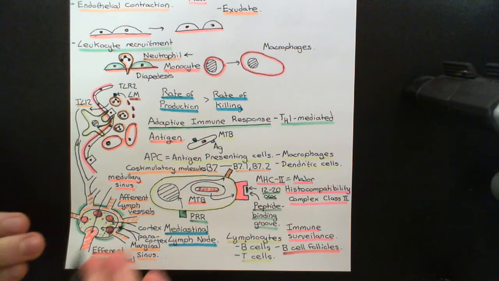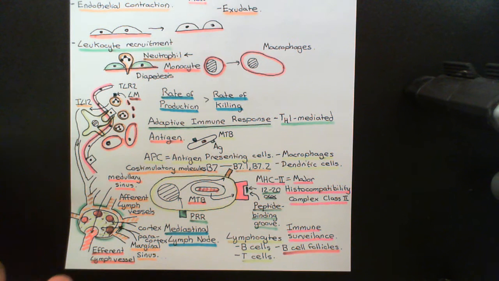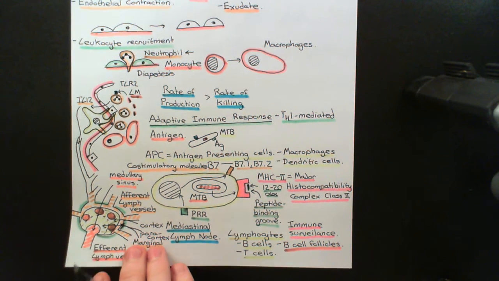So where the T-cell activation is occurring and the T-cell proliferation and the T-cell differentiation is occurring, you're going to get interleukin-12.